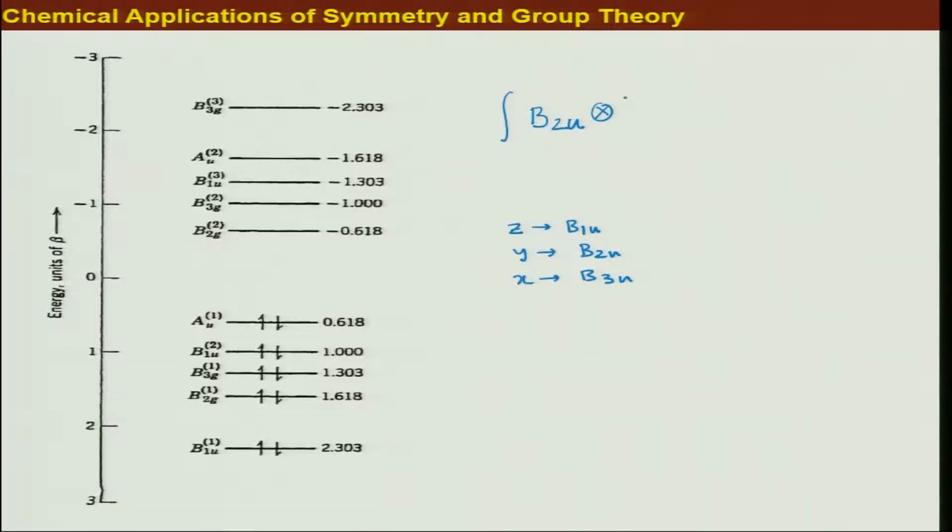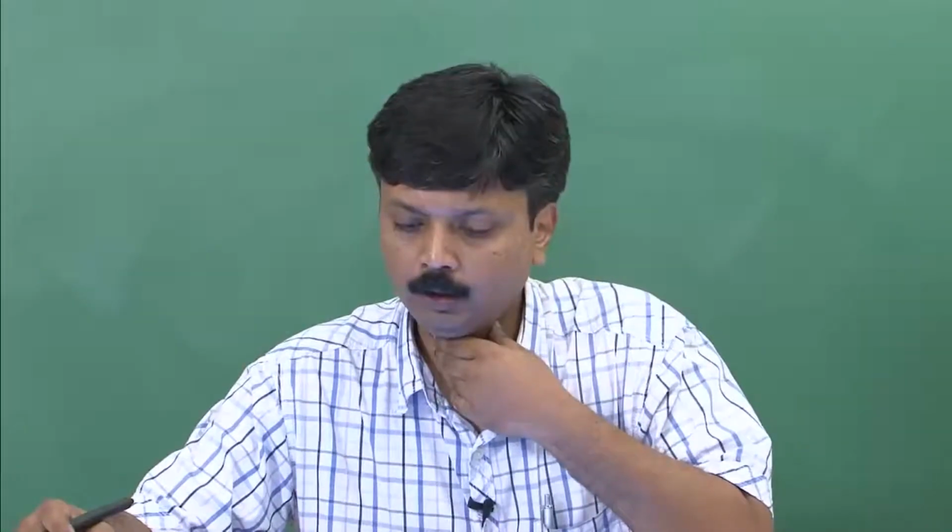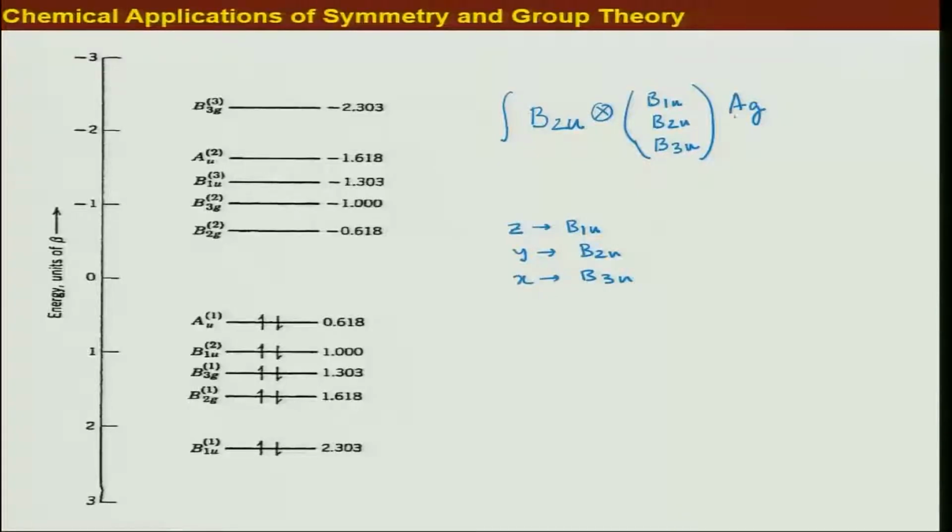So you have to have B1U, B2U, B3U. And then you have this AG, which is a totally symmetric IR and represents the ground electronic state. Since this is the totally symmetric irreducible representation, you do not care about this one.